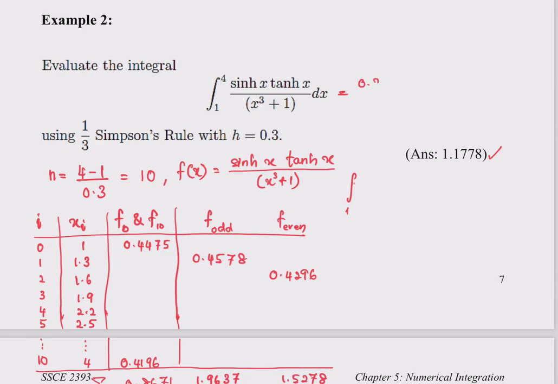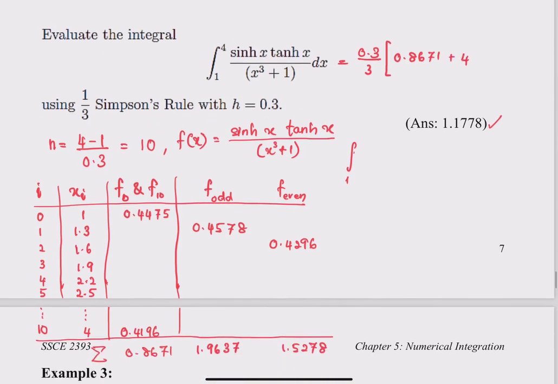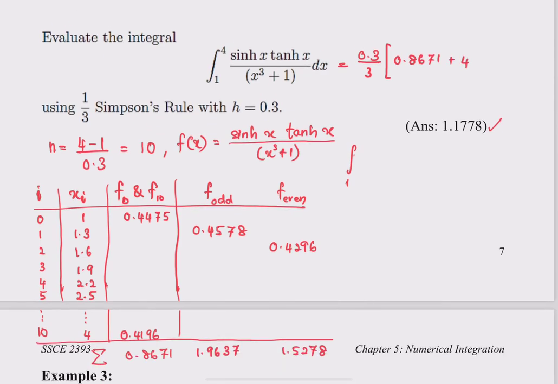You'll get h divided by 3, and then multiply by the summation of f0 plus f10, which is 0.8671, plus 4 multiplied by the summation for odd, 1.9637, plus 2 multiplied by the summation of the even one, 1.5278.